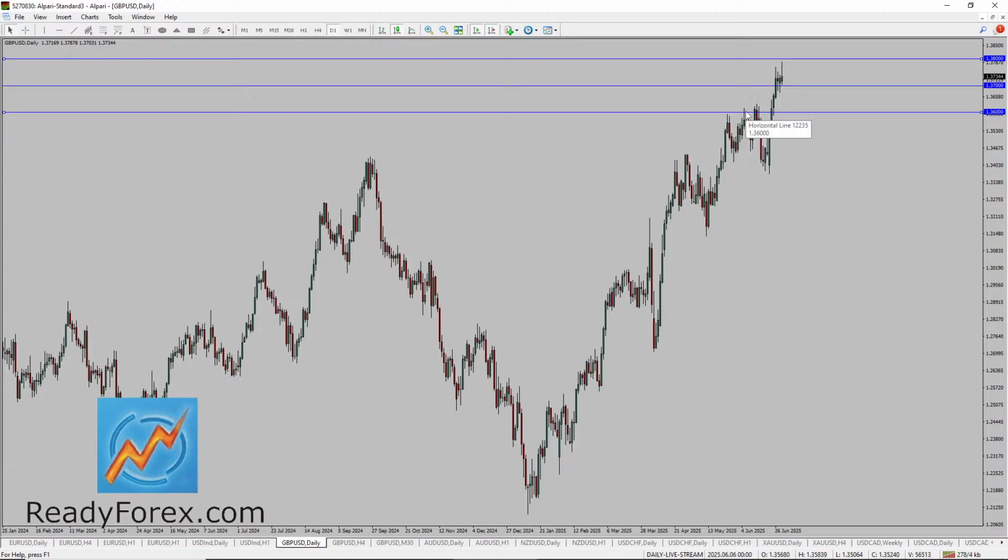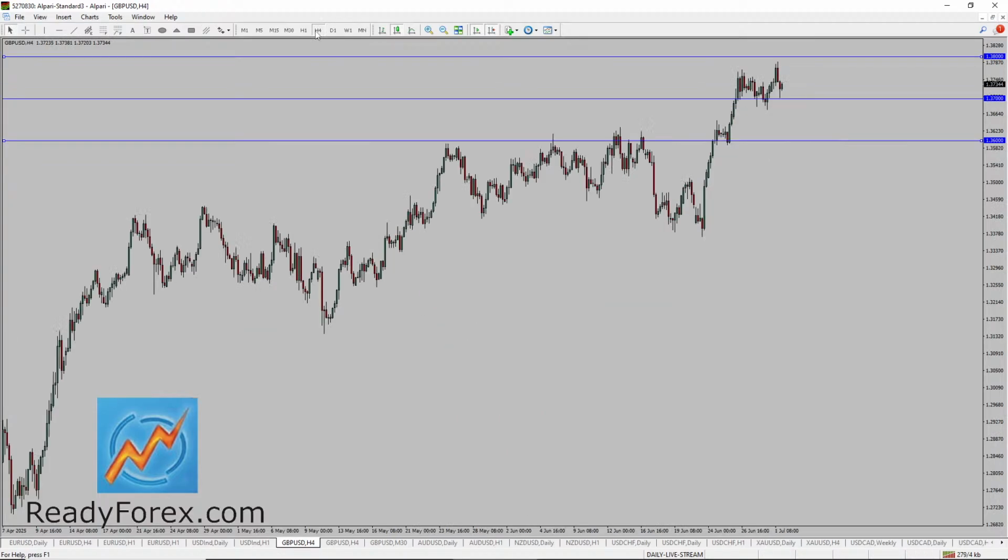Okay, so you see how market reacted. If I go to a smaller time frame, you will notice how market reacted at these round numbers here, and then even over here.